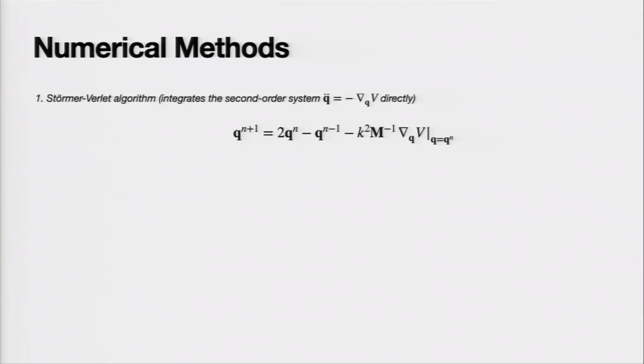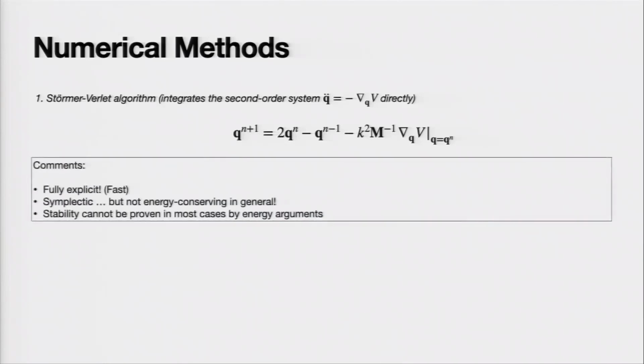So you don't really need to do anything complicated. So Q^{n+1} is your unknown, meaning that Q^n and Q^{n-1} are assumed known from previous time steps. And there is really nothing complicated here. So this scheme is super fast because it's fully explicit. There is not even a linear system solve to do, it's just completely explicit.